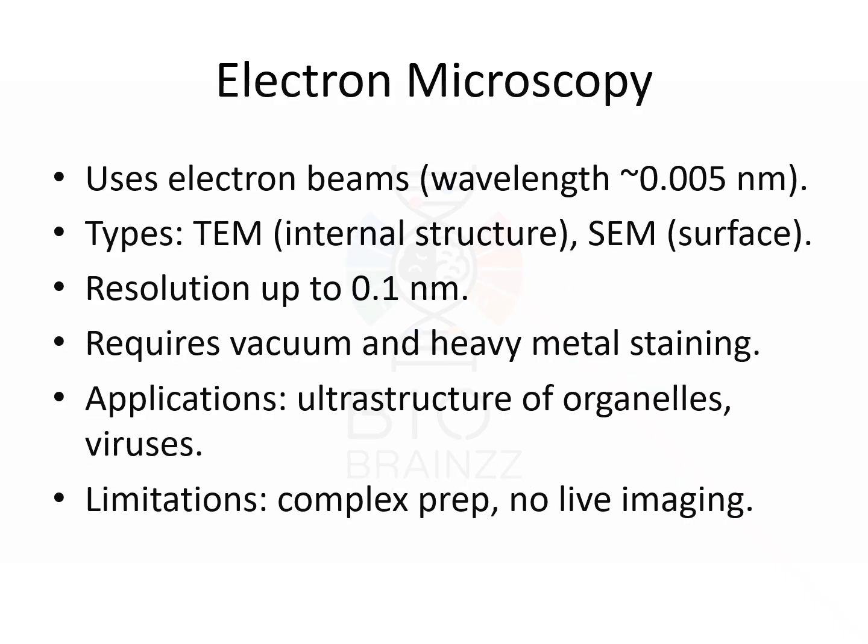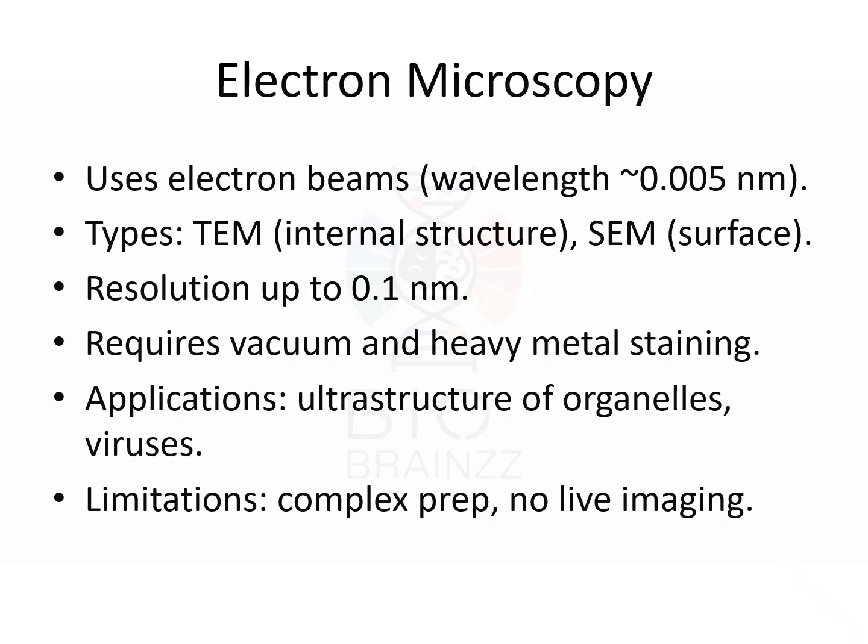Electron microscopy uses electrons instead of light, which have a very small wavelength of around 0.005 nanometers. Because of this, it gives very high resolution up to 0.1 nanometers, which is much better than light microscopy.